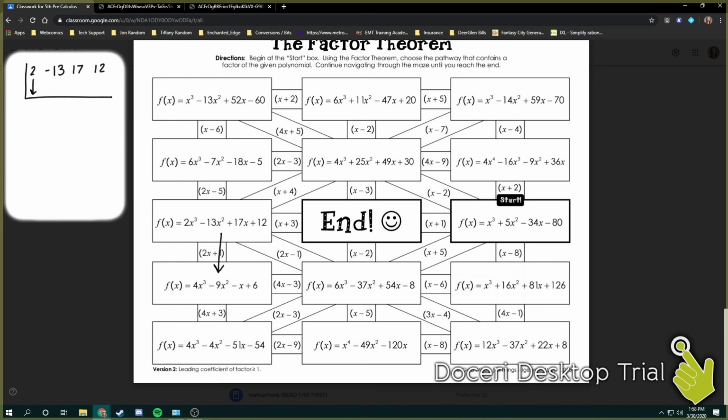Bring down the 2. Okay, so 2x plus 1, if I set that equal to 0 and solve that for x, I would get a negative 1/2. That's what I'm going to test. So negative 1/2 times 2 is negative 1. Negative 1, negative 13 is negative 14.